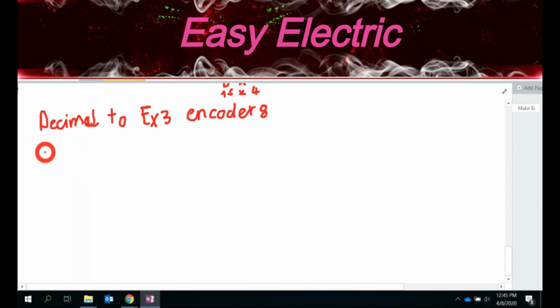So it means you want to have one encoder whose input is a decimal number, okay?